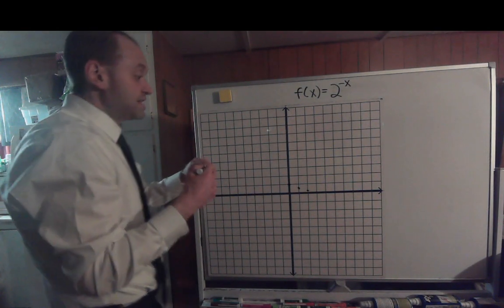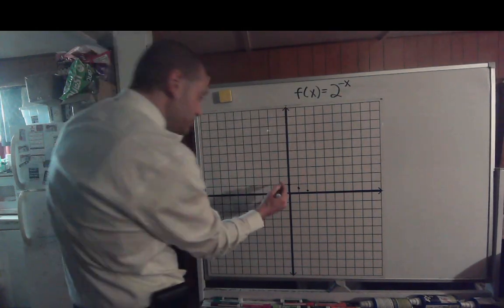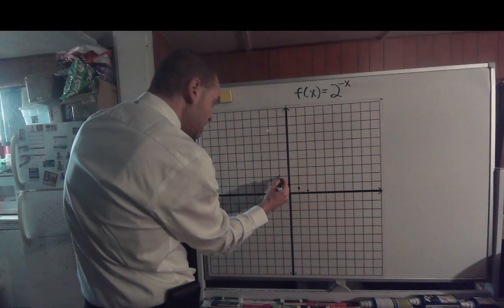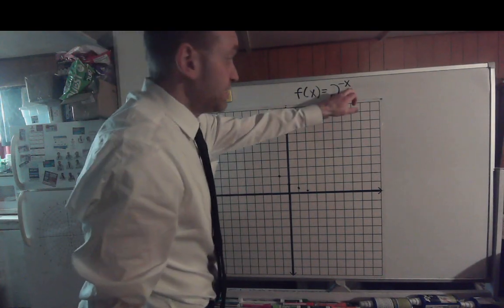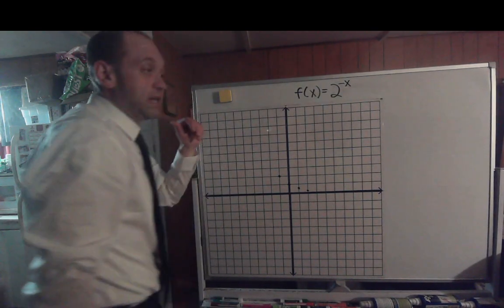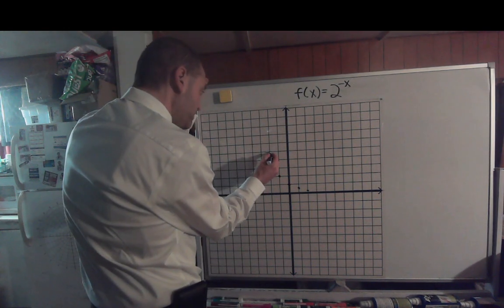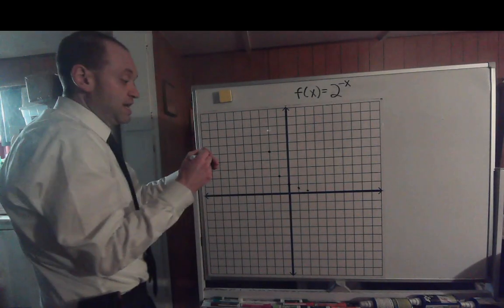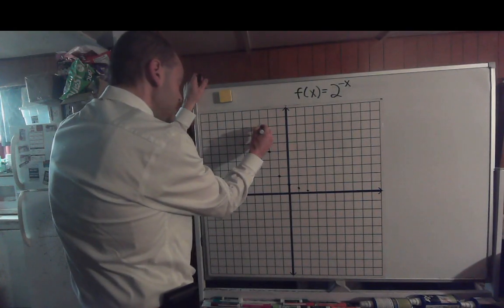Now let's pick x equals negative 1. Negative 1's 1, and 2 to the first is 2. And then if I pick negative 2 for x, that would give me 2 to the positive second, which would be 4. And for good measure, let's do negative 3 for x. That would give me 2 to the positive third, which would be 8.